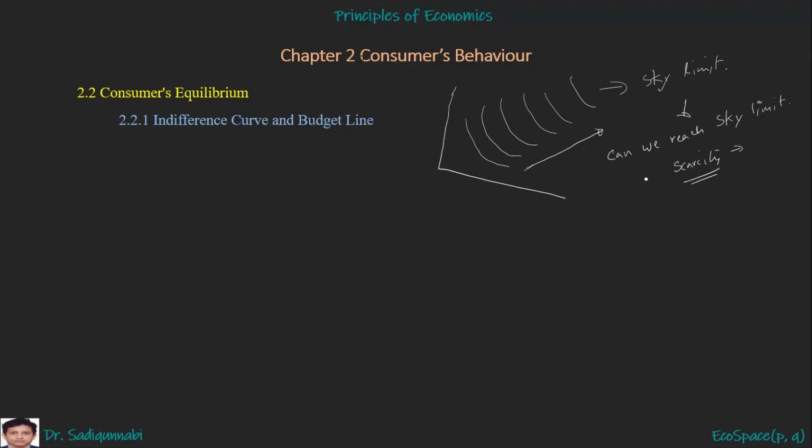So that's why we need to take a constraint on that. And this constraint is called budget. Okay. So when you go to a shop and you buy two goods, maybe shirts and pants for your Eid, you tell the shopkeeper that I have this much money.